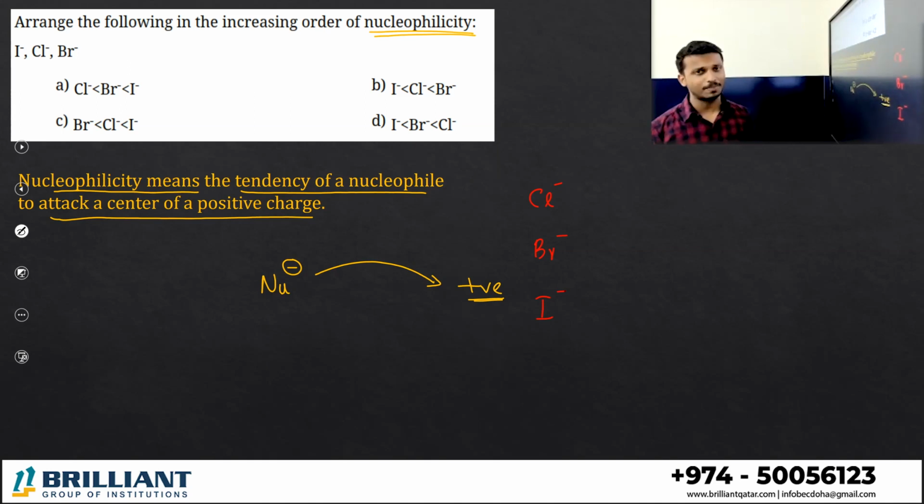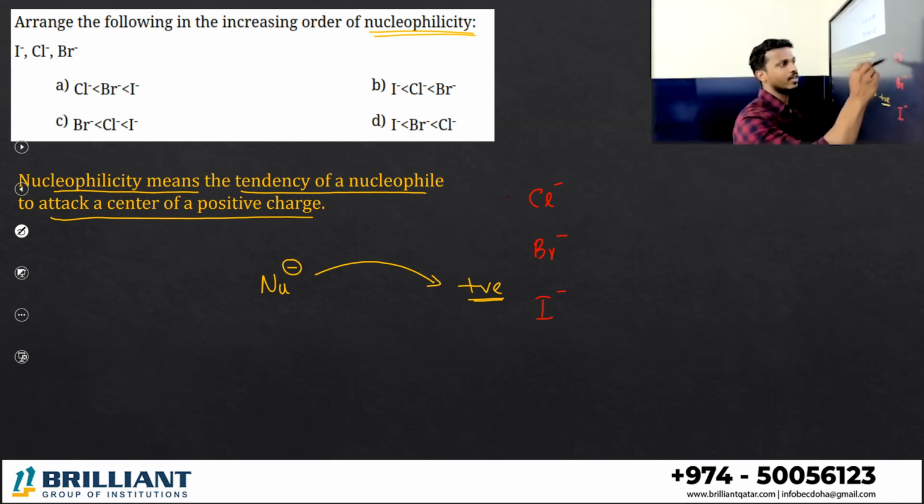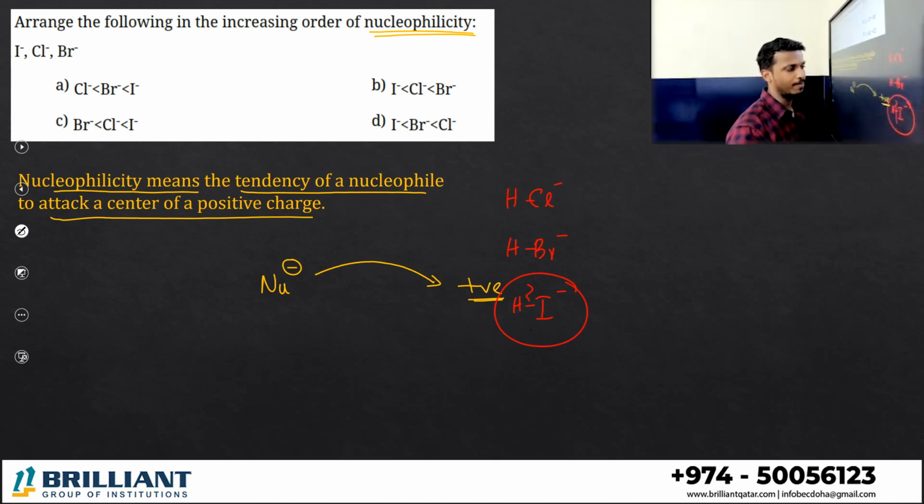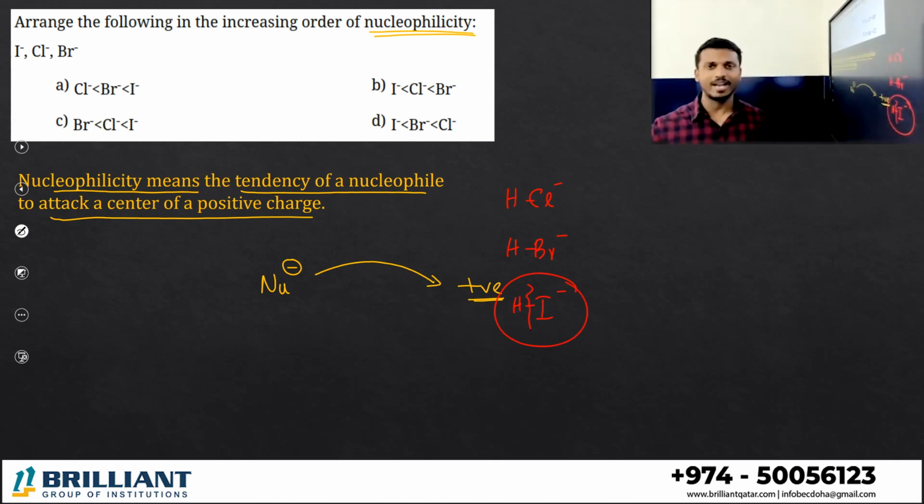We just discussed in the previous case, HCl, HBr, HI, this bond will be weak, right? This bond can be broken very fast. It can leave as I minus ion so easily. So the greater nucleophilicity is for iodine, then bromine, then chlorine. Option A is the correct one. Okay, nucleophilicity is an expected question.